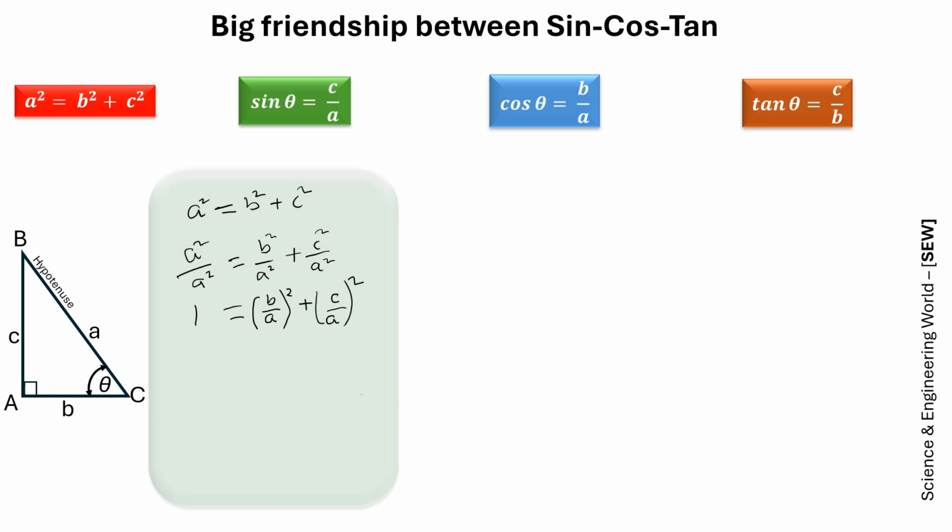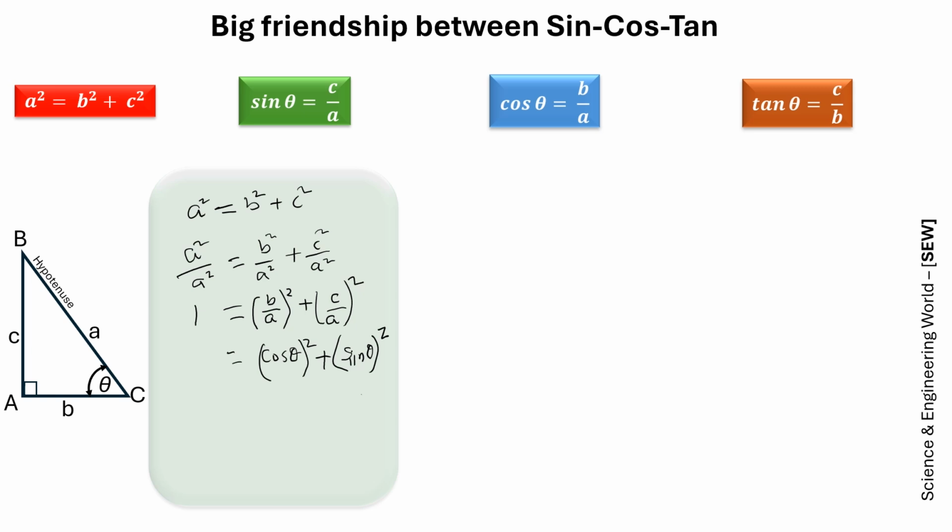Now if we look at the relationships we have listed above, we see that b over a is cos theta. So we bring it into this expression, and we are going to have cos theta squared plus c over a is sine theta, so we put it here, sine theta squared.